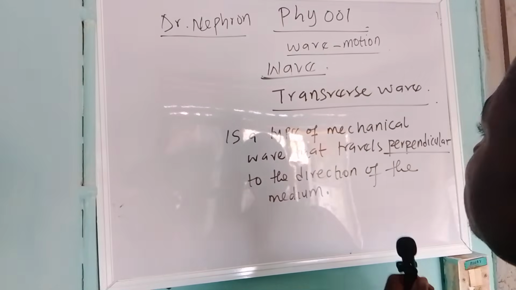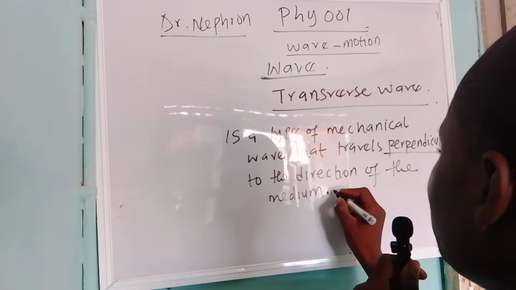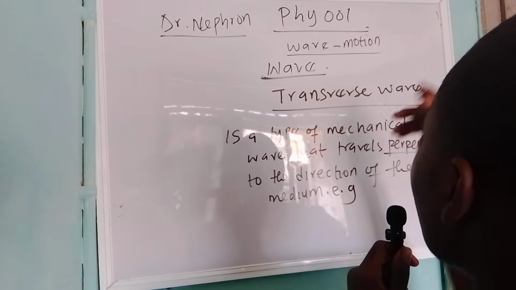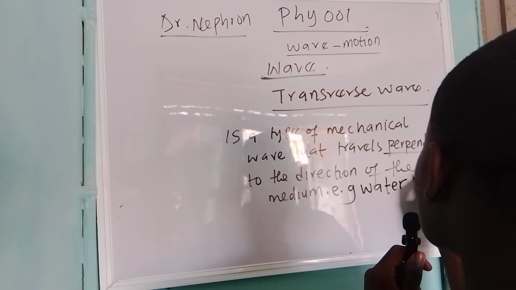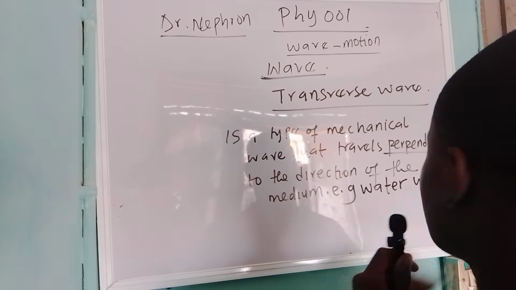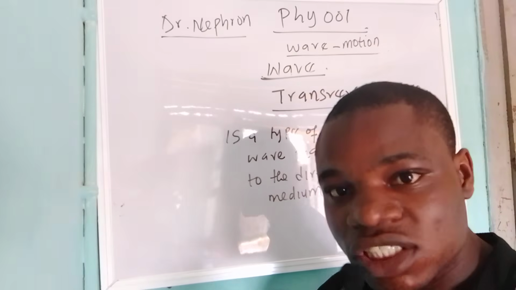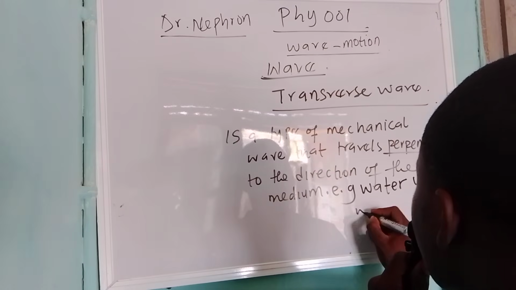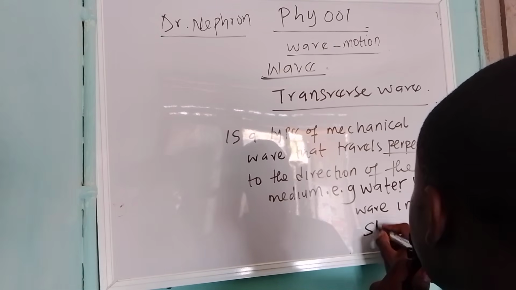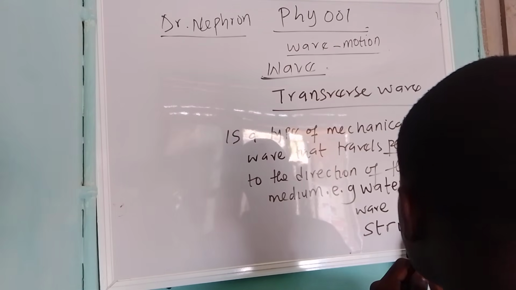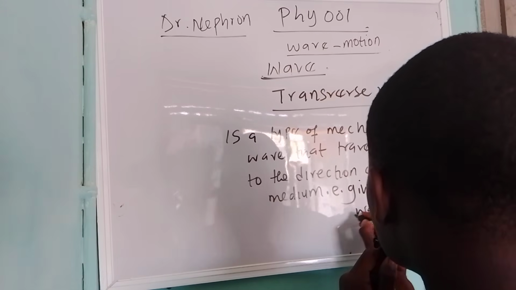A good example of transverse wave is water wave. Water wave is a transverse wave, and so is a wave in a string.